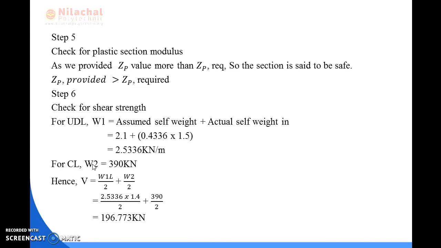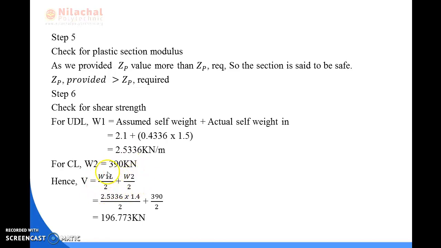So now we can find out the design shear strength. Before that, we have to find out the V value, that is the shear value. So now for the UDL case, we have to put W1 into L divided by 2, and W2 by 2 is the case of concentrated load.